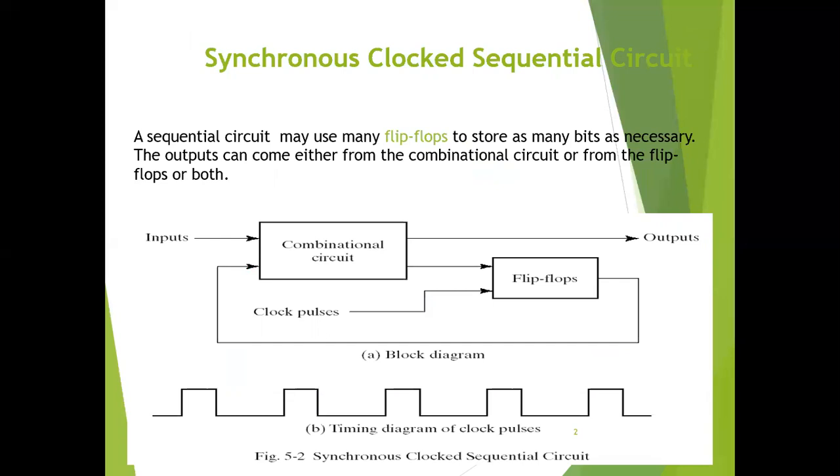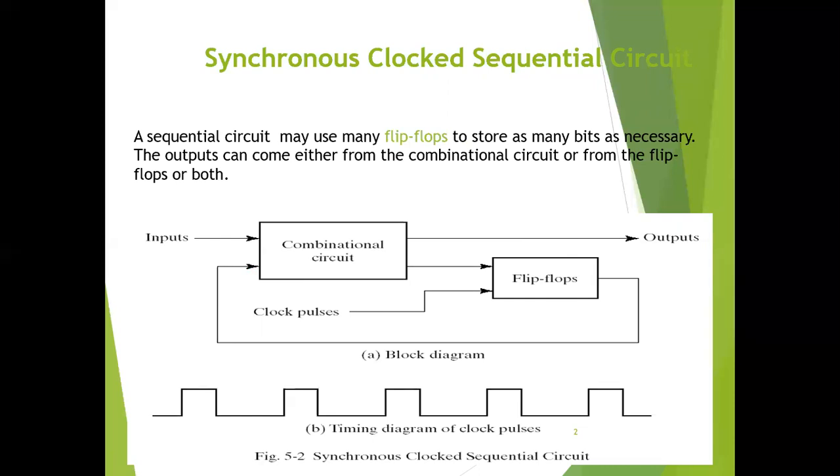Sequential circuits may use flip-flops to store as many bits as necessary, and the outputs can come from the combinational circuit or from the flip-flops or both. As we can see in this block diagram, the output can come from the combinational circuit or from the flip-flops, and the flip-flops also include clock pulses, which are used to enable the sequential circuits or flip-flops.